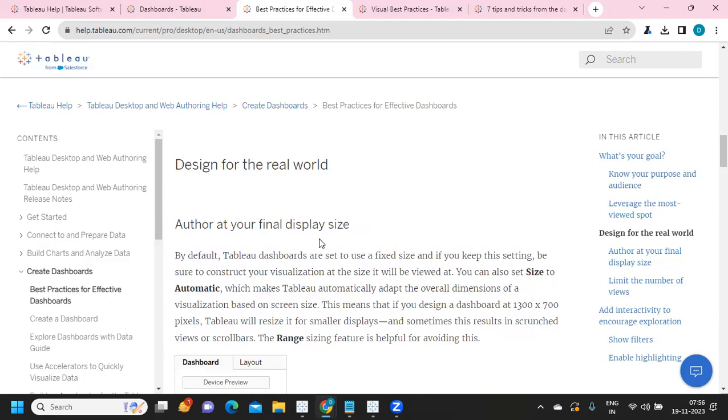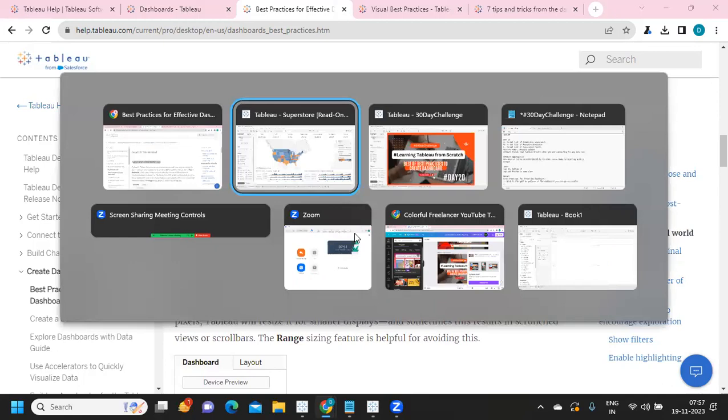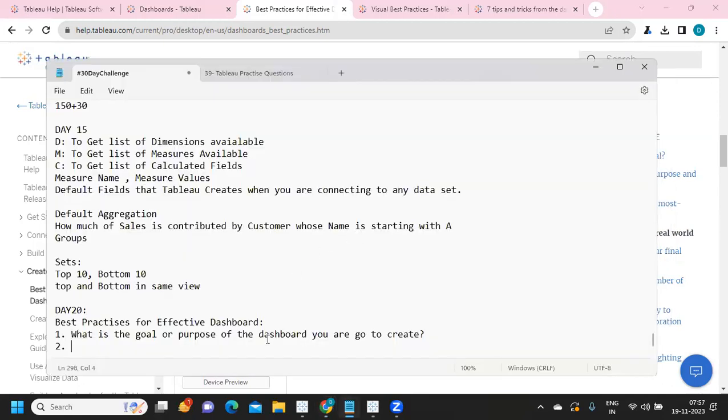Okay, so that thing you have to take care of when you are creating your dashboards. Maybe you can create a few mobile device layouts, you can create an automatic version. All of that is explained in this concept. So that is why that is the third important point for us.